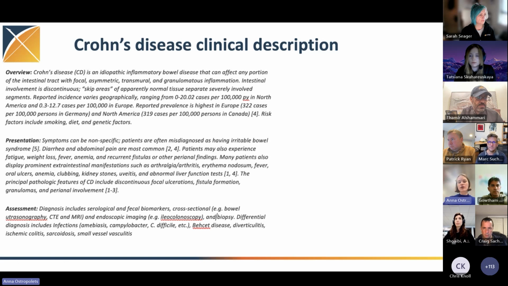It also talked about the assessment. In brief terms, it described how Crohn's disease is diagnosed in clinic, which is imaging and biopsies, and it mentioned the differential diagnosis, those conditions that clinicians oftentimes exclude to make the diagnosis of Crohn's disease.